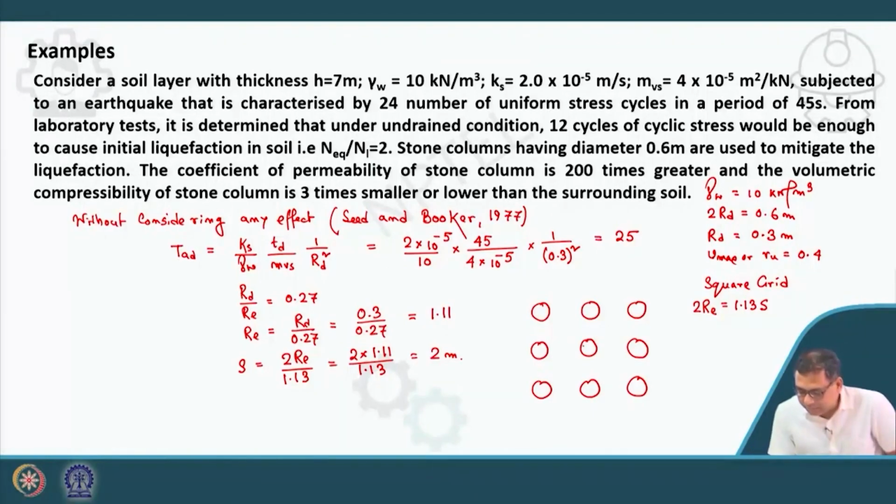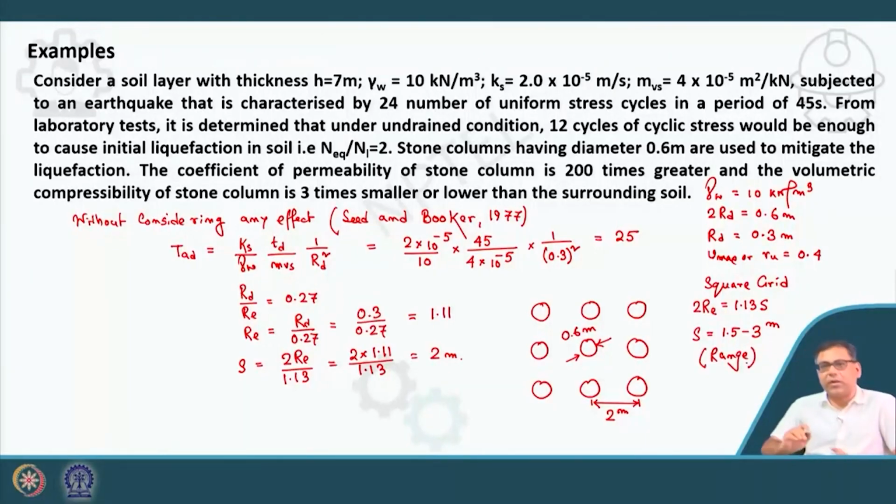The diameter we took during our design is 0.6 meter for the column. Now spacing has been determined as 2 meter, which is within the range, because the range we have given is 1.5 meter to 3 meter. So it is within the range, it's okay.